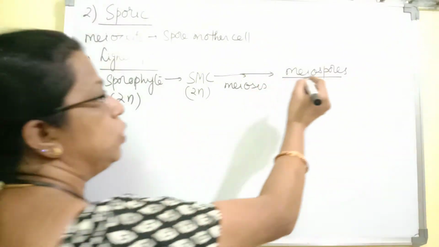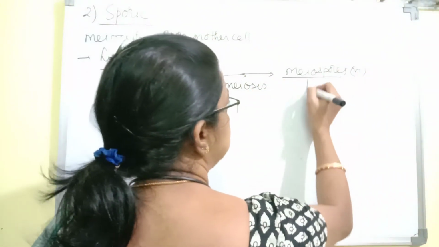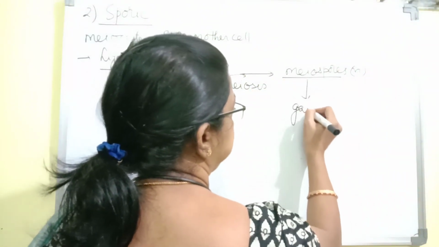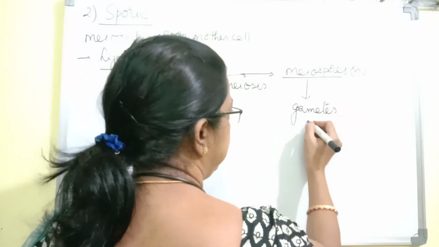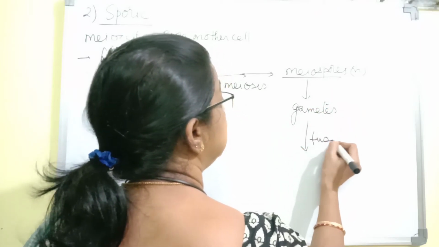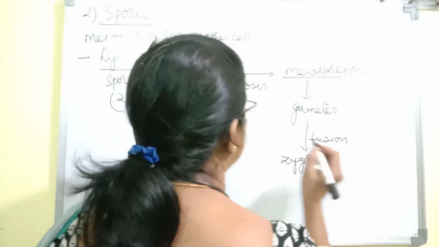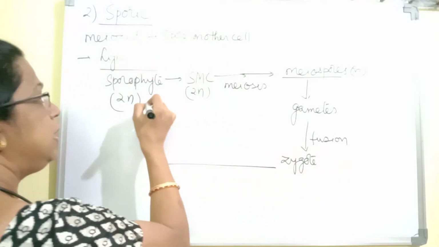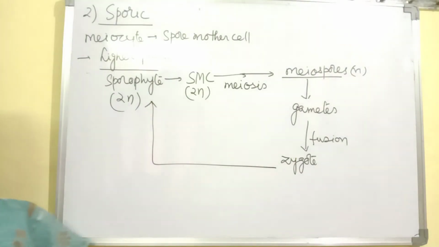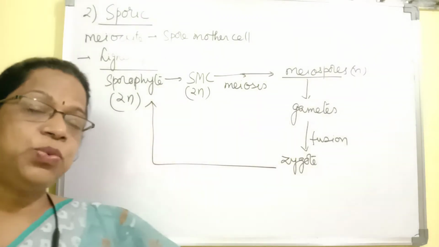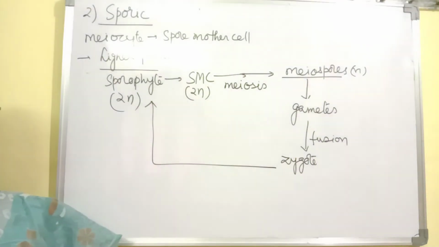These haploid meiospores will give rise to the gametes. And gametes on fusion will form the zygote. And the zygote on further development can give rise to a sporophyte. This is the life cycle in higher plants, where it is called sporic meiosis.